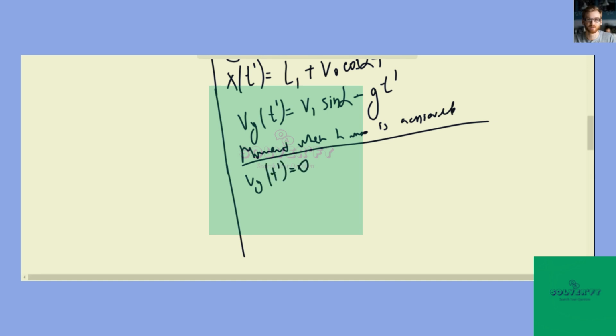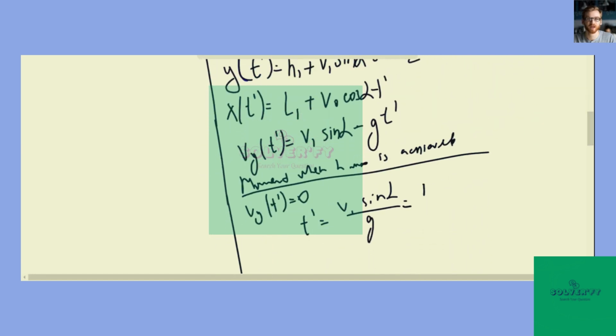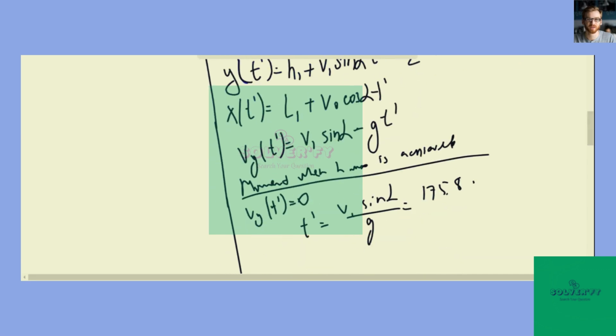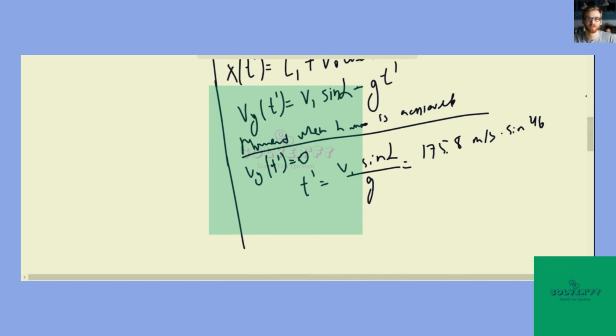Therefore t prime equals v1 sine alpha over g, which is 175.8 meters per second times sine of 46.2 degrees divided by 10 meters per second squared.